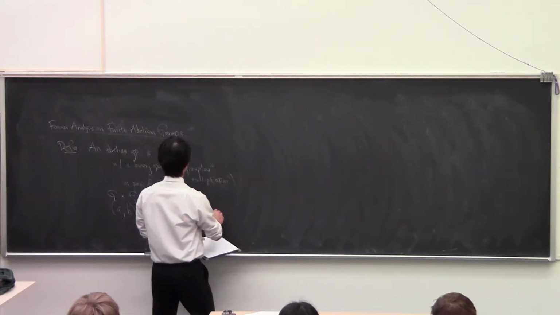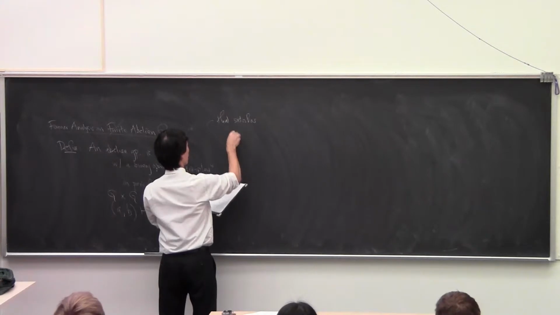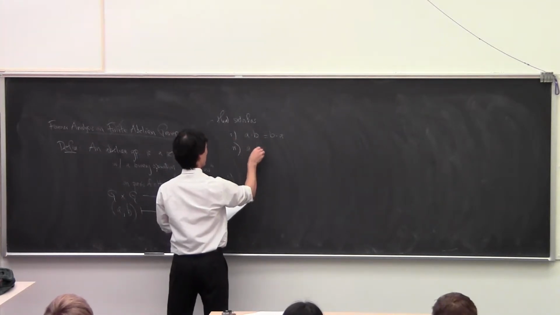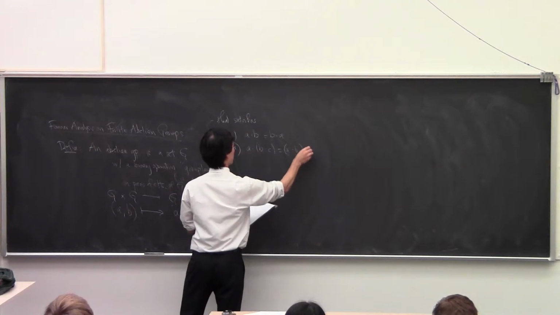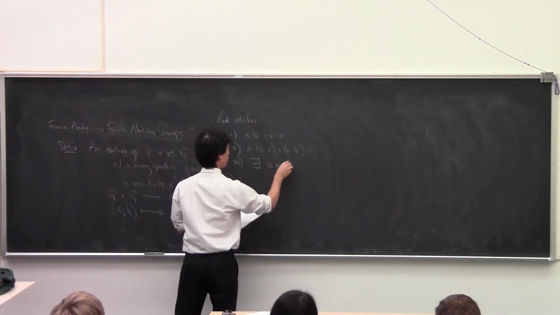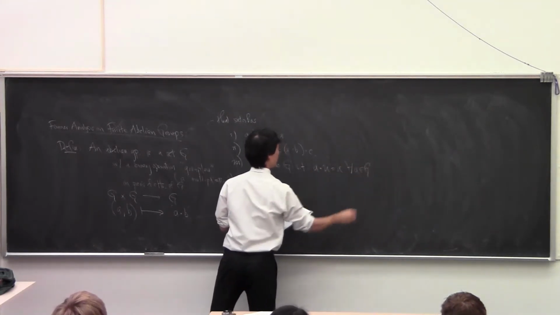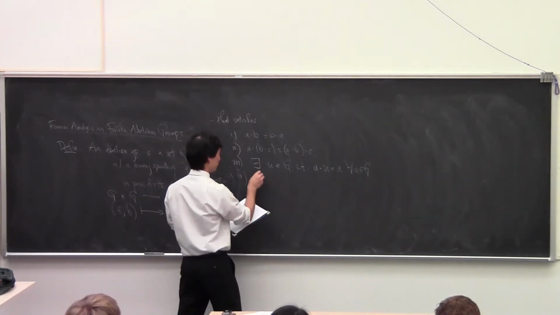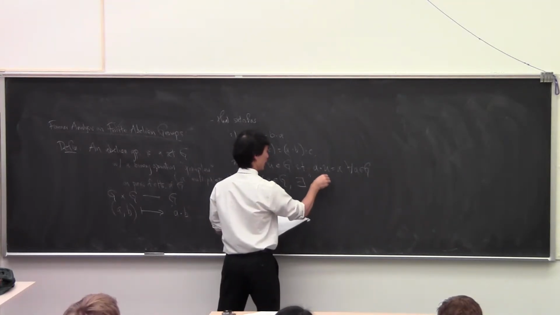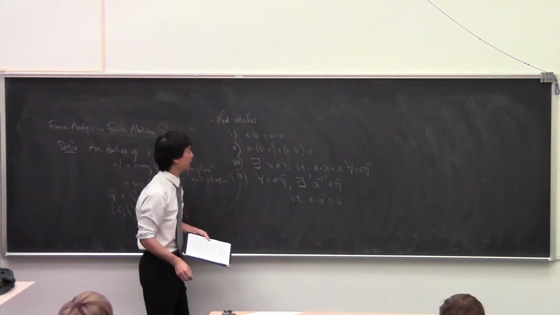With an operation that satisfies: one, A dot B equals B dot A; two, A dot B dot C equals A dot B dot C, associativity; three, there exists some element U such that A dot U is A for all elements; and four, for all elements in the group, there exists something called A inverse in G, such that A times A inverse is the unit element, the identity.